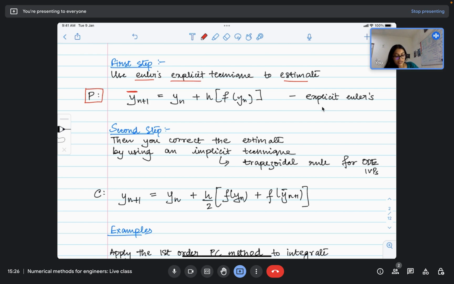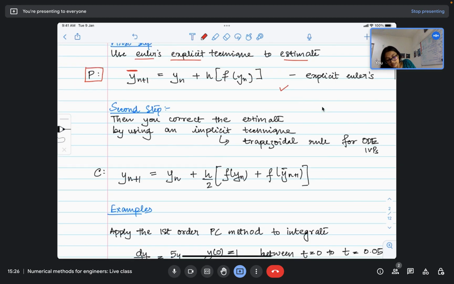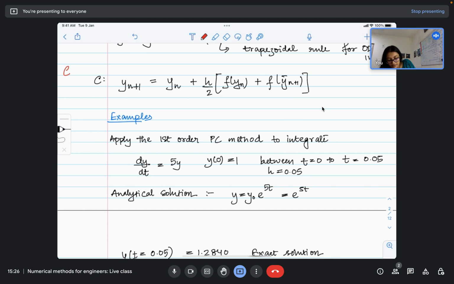Okay, so once we have computed this step, the second step in predictor corrector, so we have predicted, this step is for predicting. Okay, I'll just write this step is prediction. Okay, the next step is called corrector, that is predictor corrector, so basically correction.